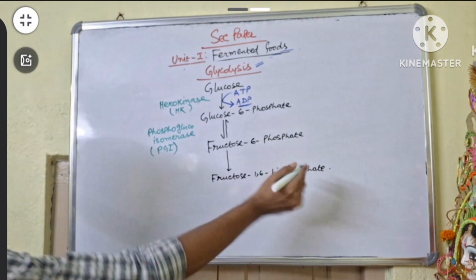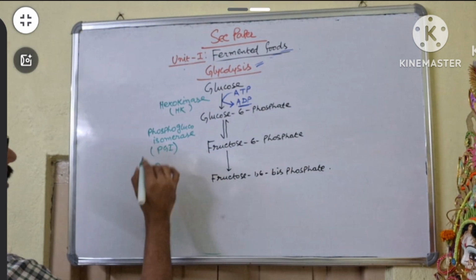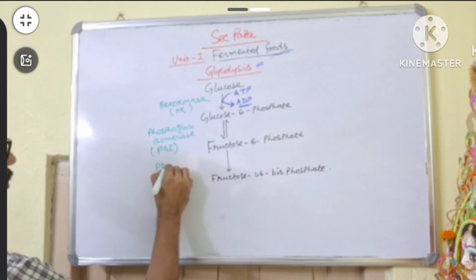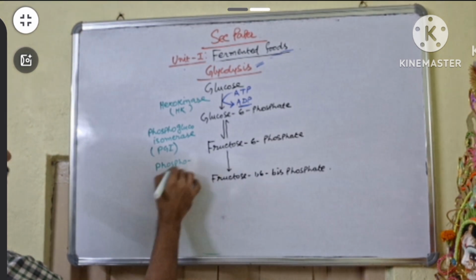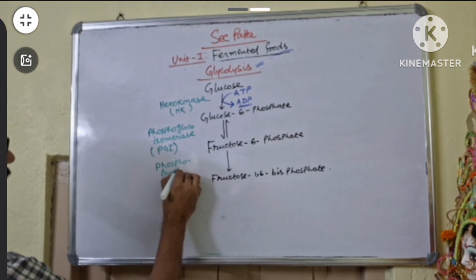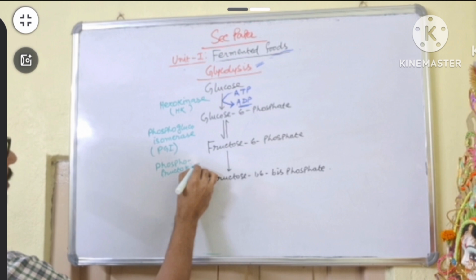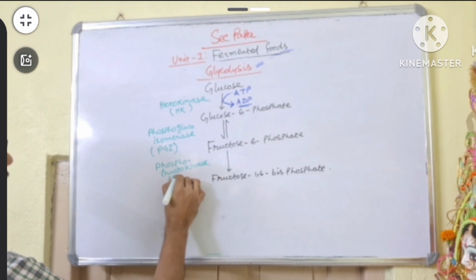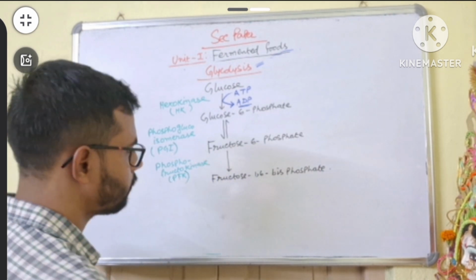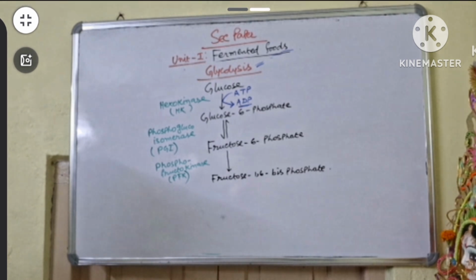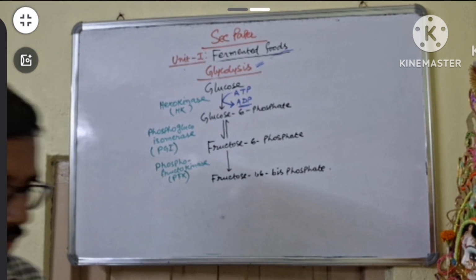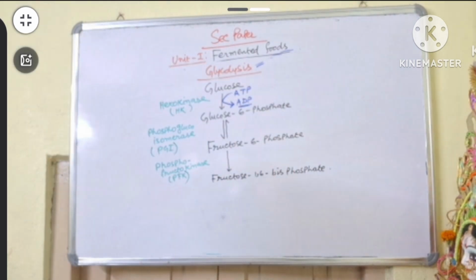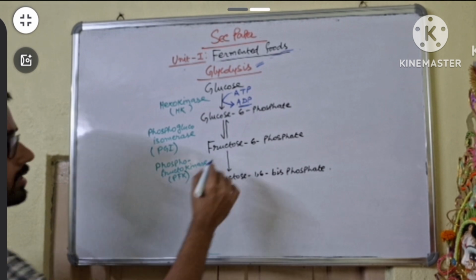The enzyme name is phosphofructokinase. The short name is PFK. Here also it is the same scenario, that is reaction number 3.